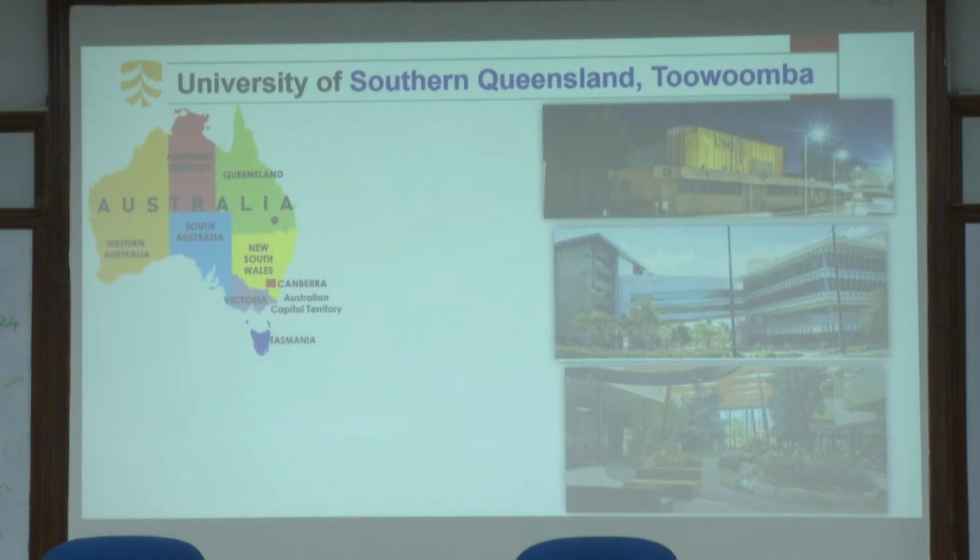The capital of Australia is Canberra. Most people think it's Sydney, but no, it's Canberra. Queensland's capital is Brisbane, and around a 2-hour ride from the Brisbane airport is the University of Southern Queensland in Toowoomba, a town in Queensland.